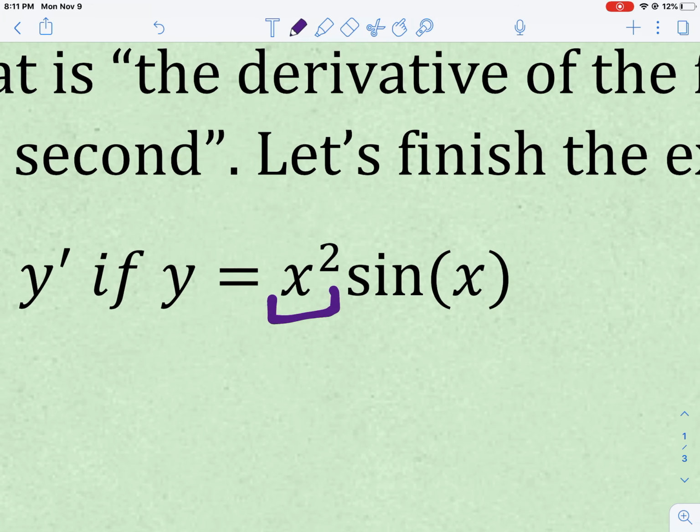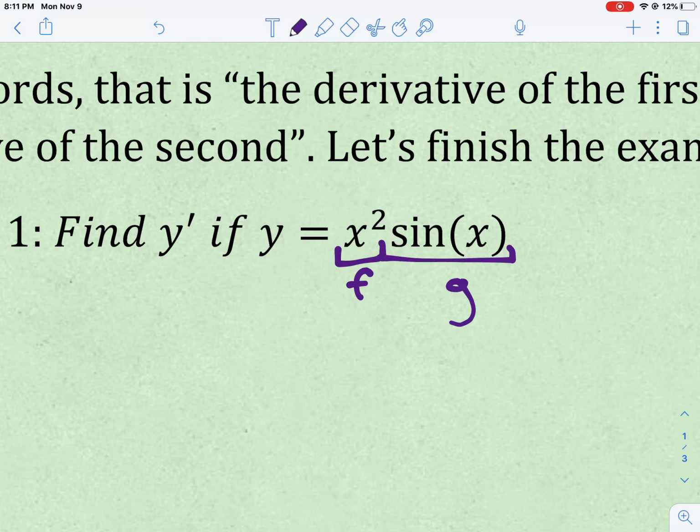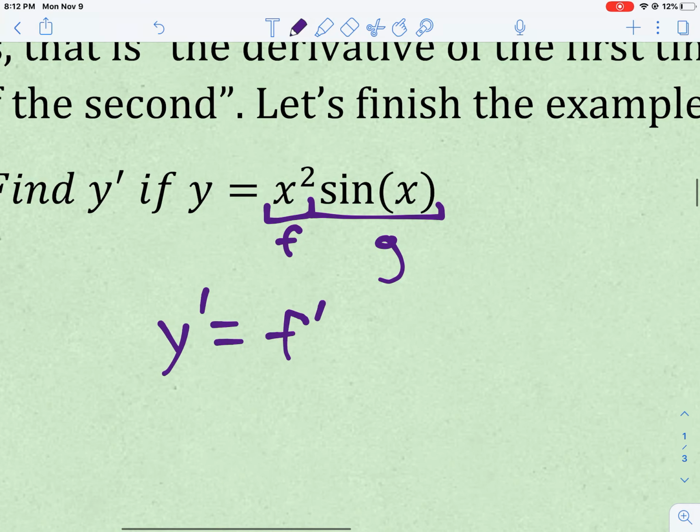So we're going to call this one f, and we're going to call this one g, okay? So we're going to find the derivative. So we're going to say y prime equals f prime g plus fg prime.